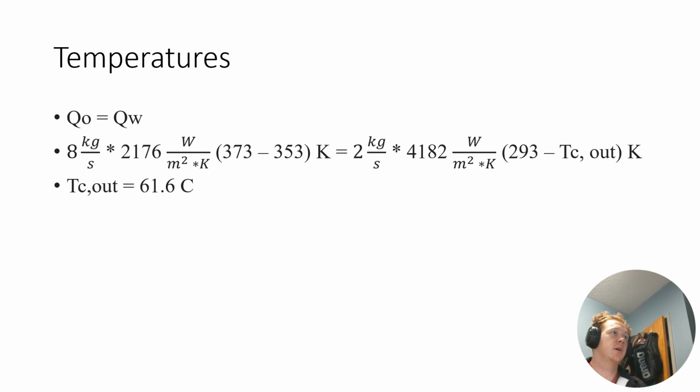So as you can see, I inserted both of these equations here, and TC out is the unknown variable. After I had all of the values that I wanted, solving and using algebra was the easy part. I ended up calculating TC out as 61.6 degrees Celsius. This makes sense for a logical check because it is heating up as it leaves.